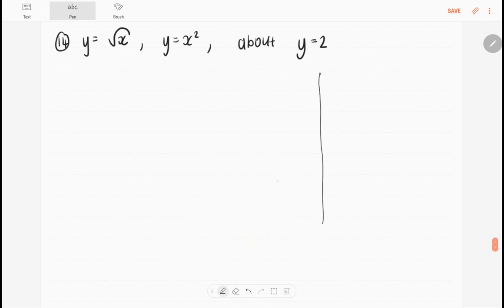y equals root x is the same as having y squared equals x. So it's basically a parabola on its side with only the positive y values, since we don't have a plus minus there. And then we also have y equals x squared, which looks like this.